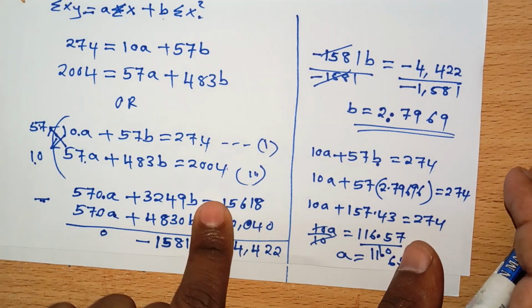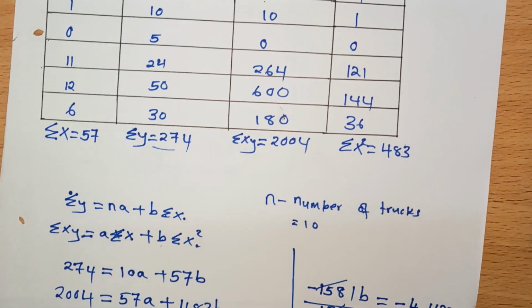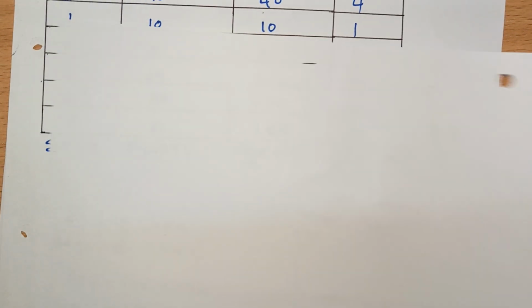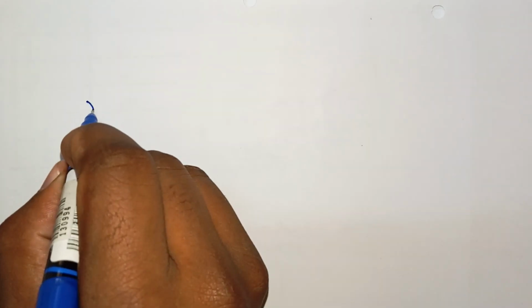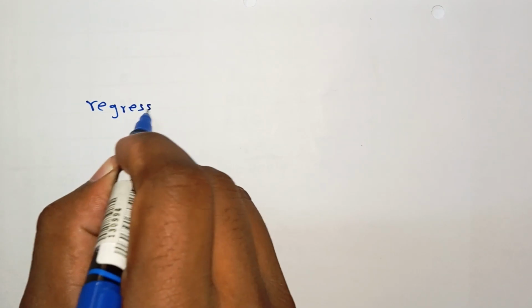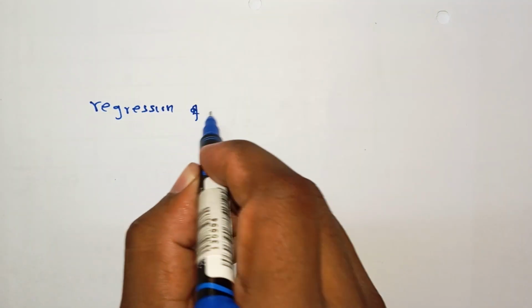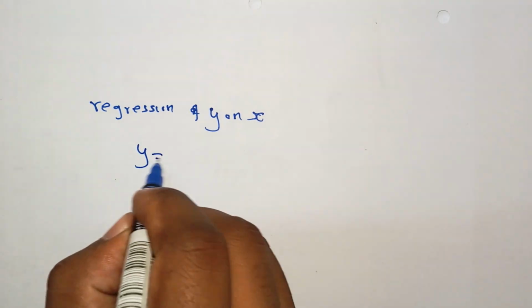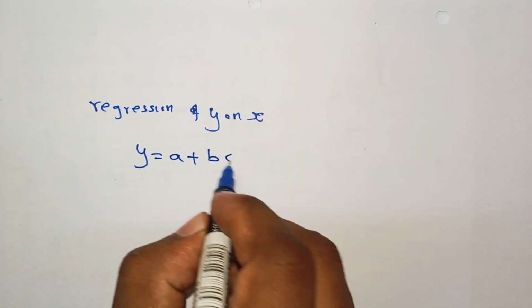So we have A and we have B. So meaning the original equation for finding the regression of y on x is given by y equals a plus bx.